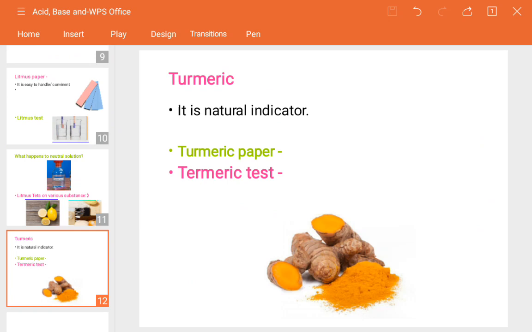This is the indication shown by turmeric, a naturally occurring indicator. This small experiment you can do at your home. In a basic solution the strip becomes red, and in an acidic solution it stays yellow. These are the changes that happen by using natural indicators.